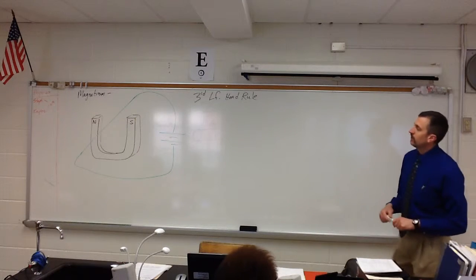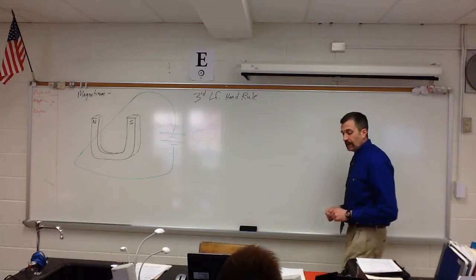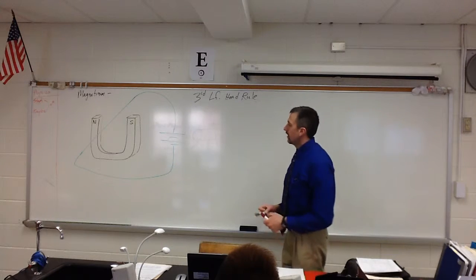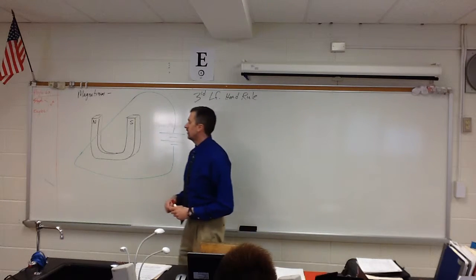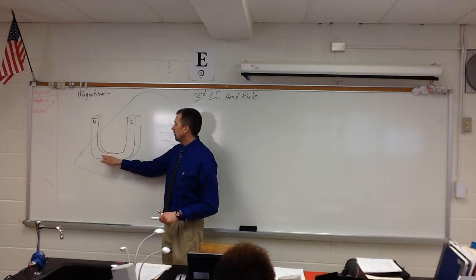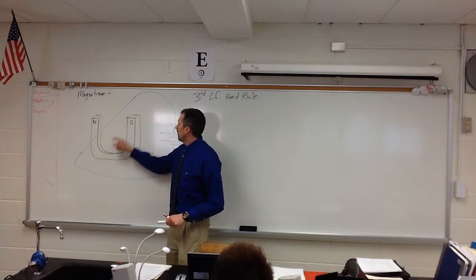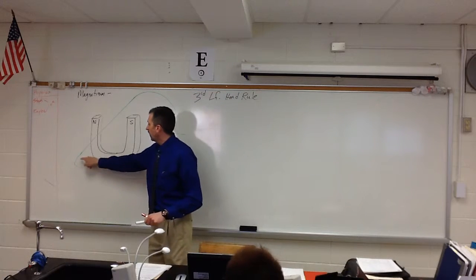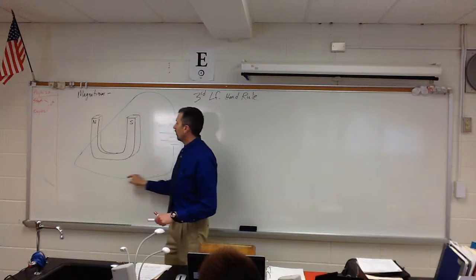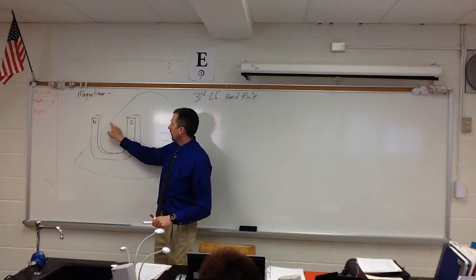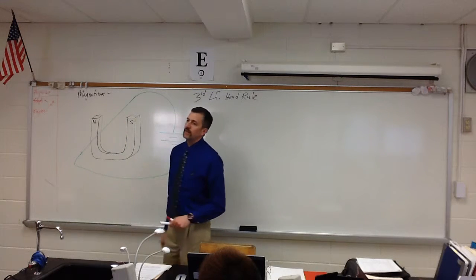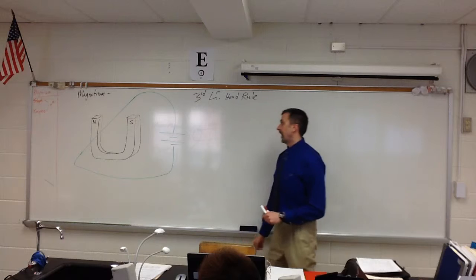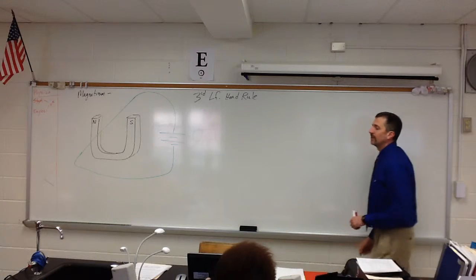Now today we're going to jump into the third left-hand rule. One situation is if you had a horseshoe magnet, and then you had an electrical circuit where the wire of the circuit ran between the north and the south of the horseshoe magnet. Just for instance, this is one scenario.